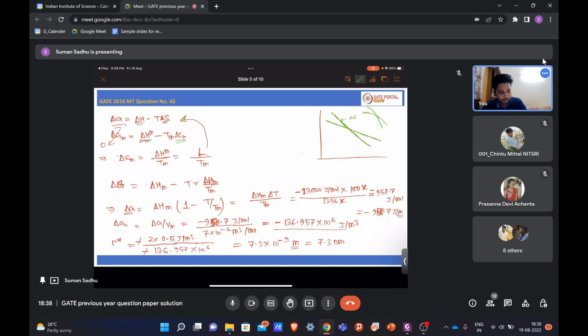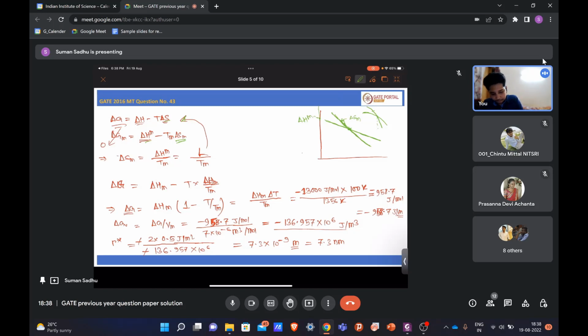So the slope will be the same at any point. If it is a curved line, then the slope will change. As the change is very negligible, it is assumed that they are almost straight lines. So assuming that, the slope is delta Sm, and this will be the same at every point, because it is a straight line, right? And also the intercept is delta Hm, right?